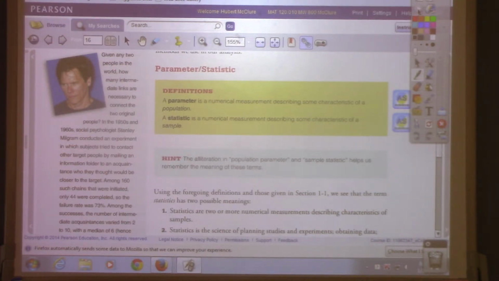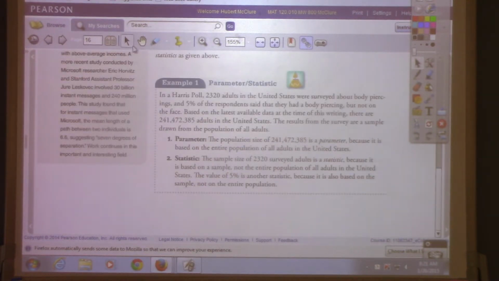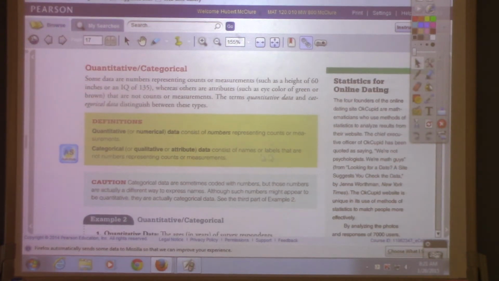Know the difference. Okay? This is a test question right here. This is a test question based on knowledge will be the test.